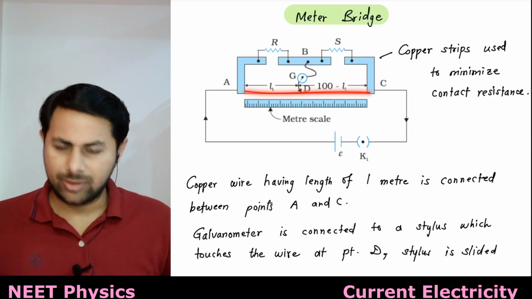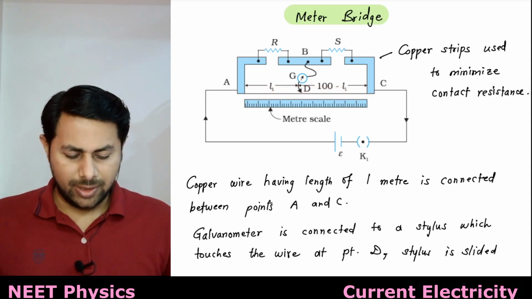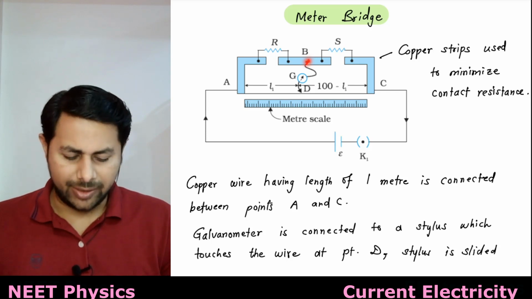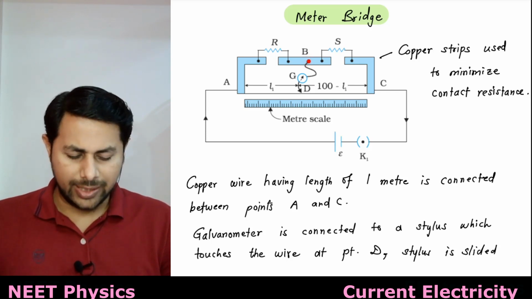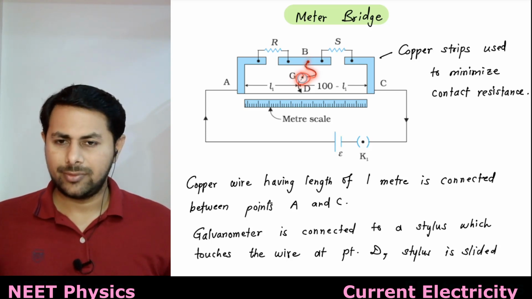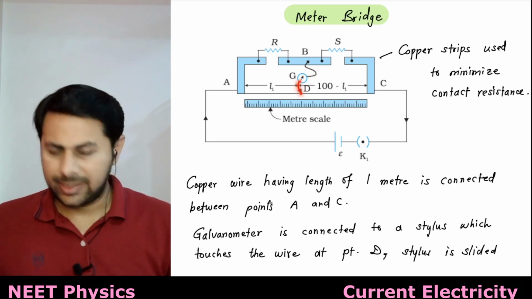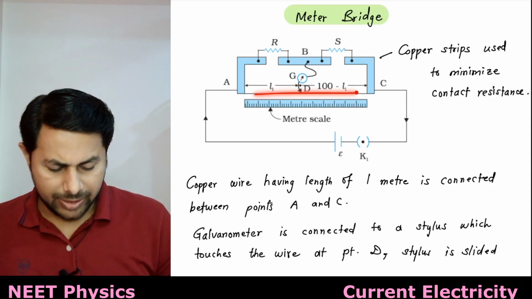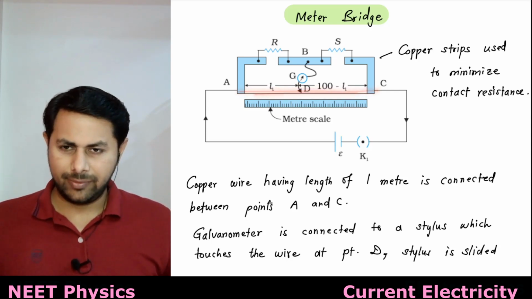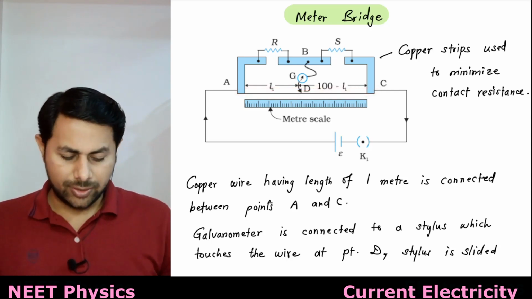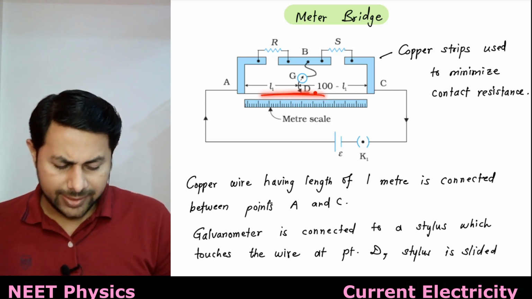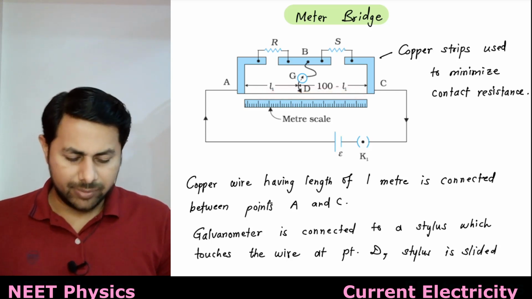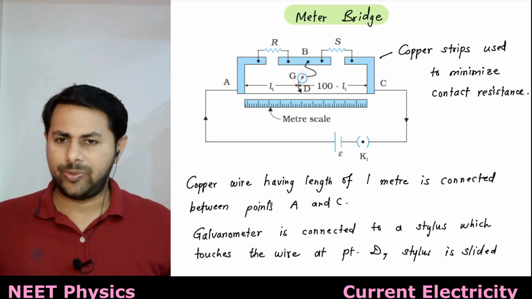At point B you connect a galvanometer, and the other side of that galvanometer is connected to a stylus which you can slide on this wire till the time the current through the galvanometer would be equal to 0.